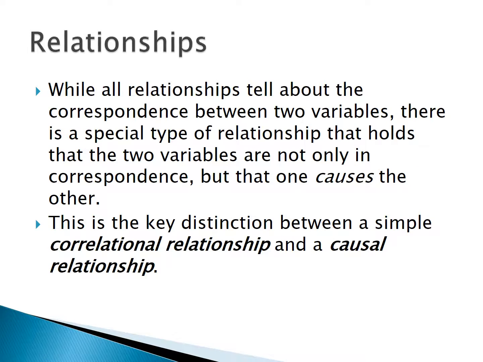While all relationships tell you about the correspondence between two variables, there is a special type of relationship that holds that the two variables are not only in correspondence, they work in symmetry with each other, but one causes the other. This is the key distinction between a simple correlational relationship and a causal relationship.